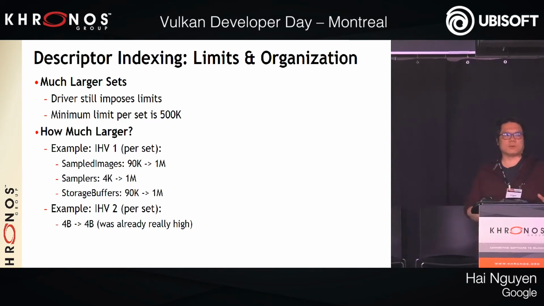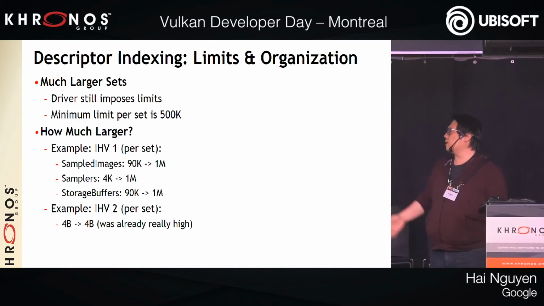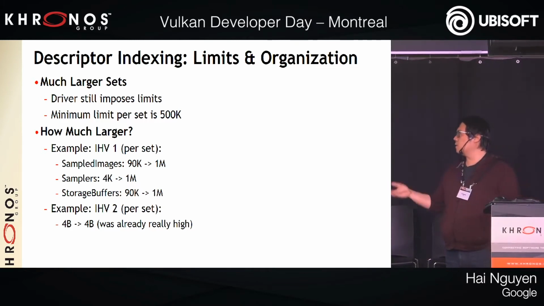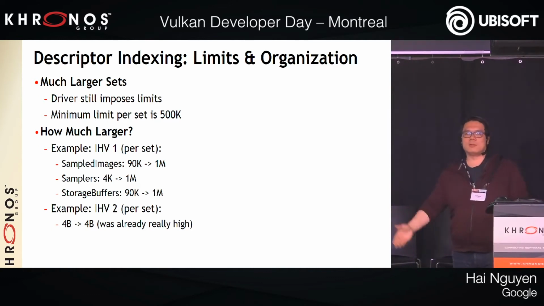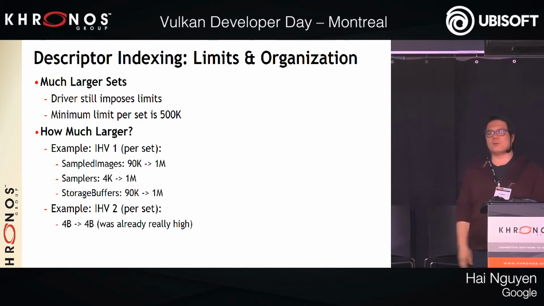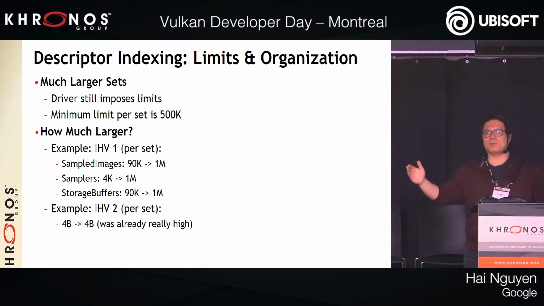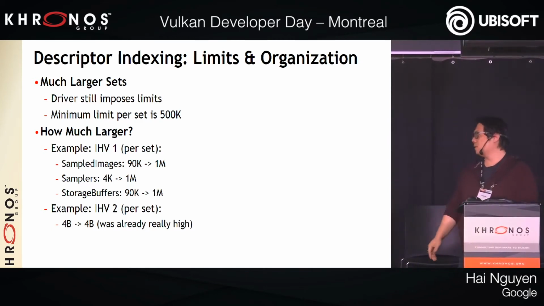I wasn't sure if I could quote names, so I anonymized them a little bit. So for the first IHV, the sampled images went from 90,000 to 1 million, and the samplers went from 4,000 to 1 million. Storage buffers went from 90,000 to 1 million as well. And on this other IHV, if you're familiar with this, you probably know who this is, it was a few thousand shy of 4 billion, and it went to the full 2 to the 32nd minus 1. So it maxes the limit.